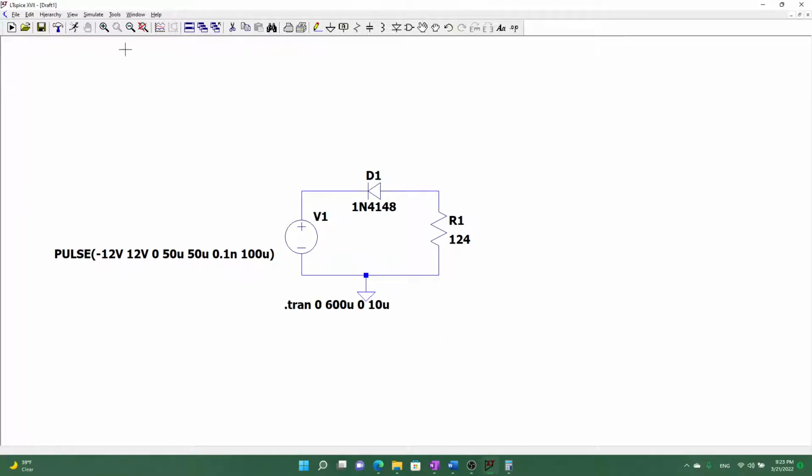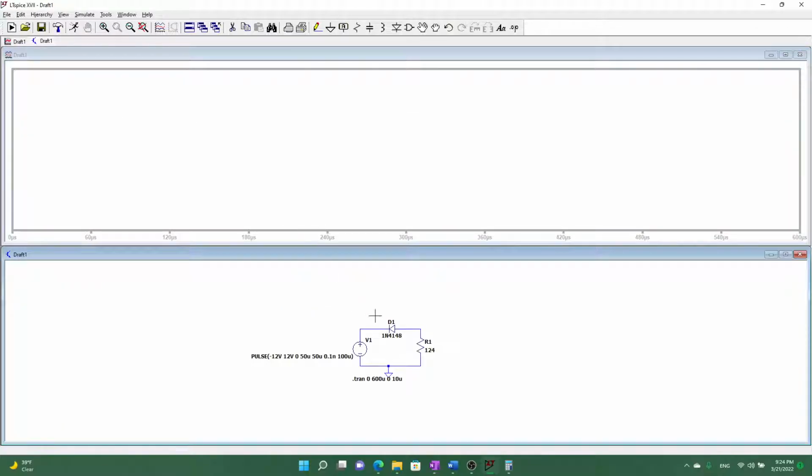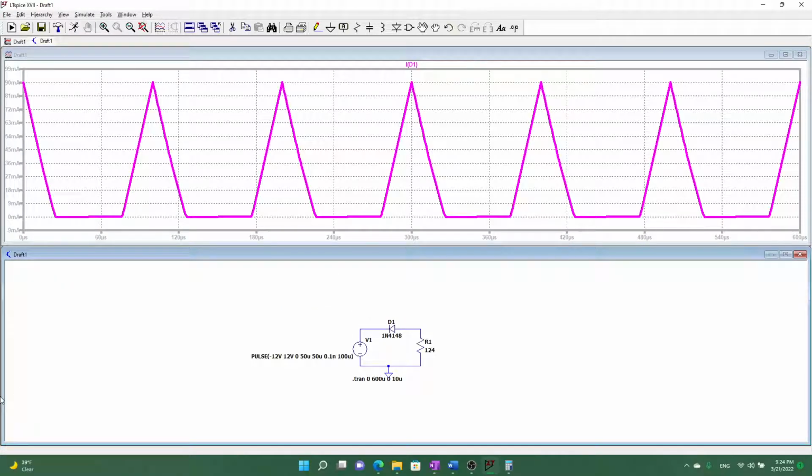And what do you think will happen this time? Well, not much. The current is still a maximum of 90 milliamps. So again, we only have one current, and this current does not change.